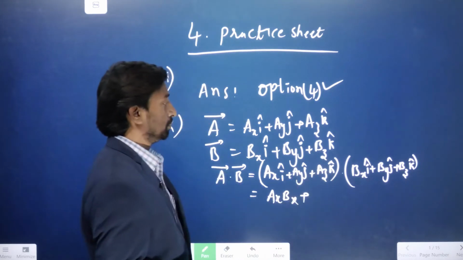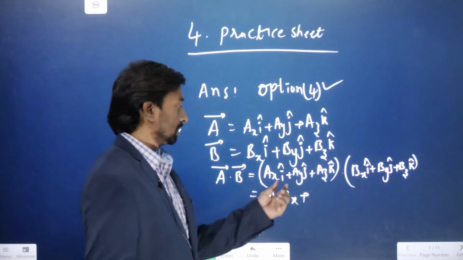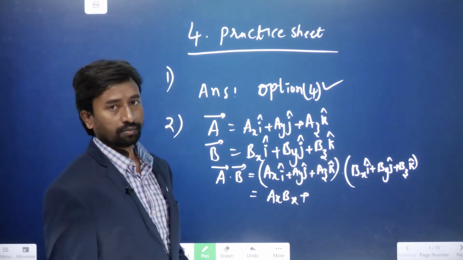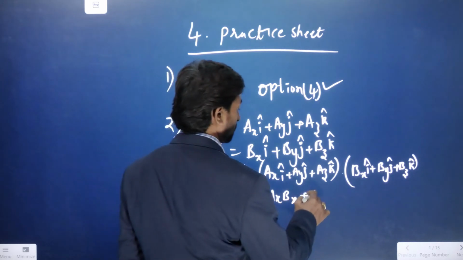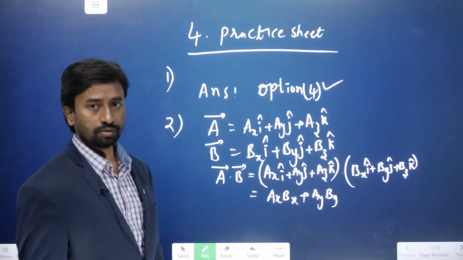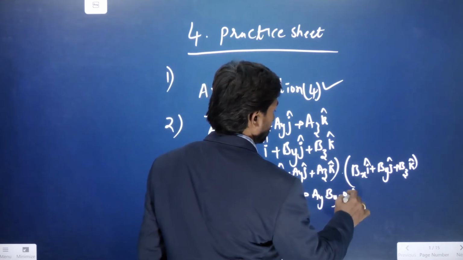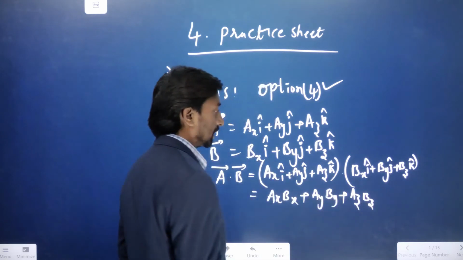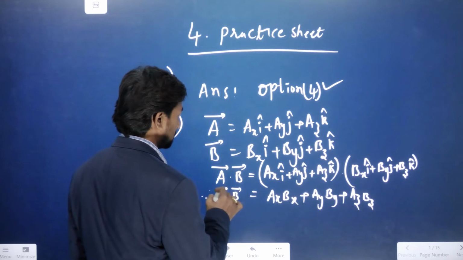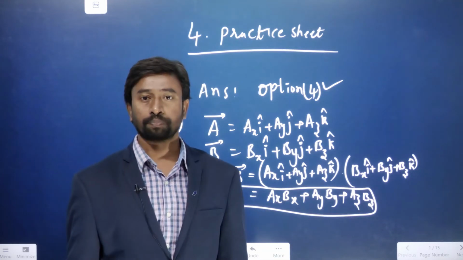Then ay j cap into by j cap, j cap square is 1, so ay by. Then az bz, k cap square is 1. Therefore a bar dot b bar equals ax bx plus ay by plus az bz.